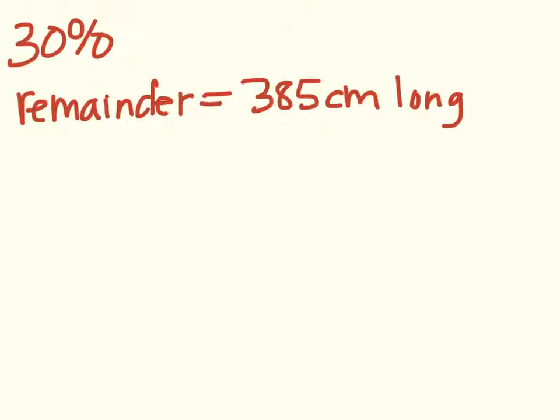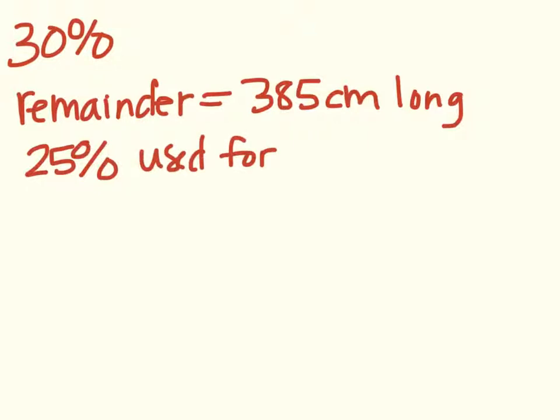He then used 25% of the remaining chain to make keychains. So what was the original length of William's brass chain?